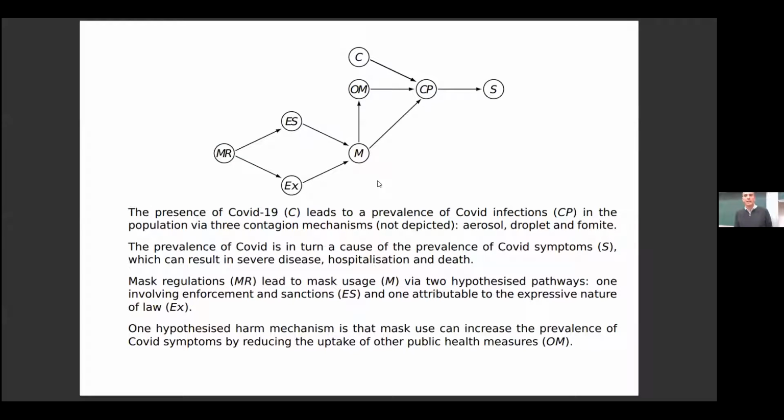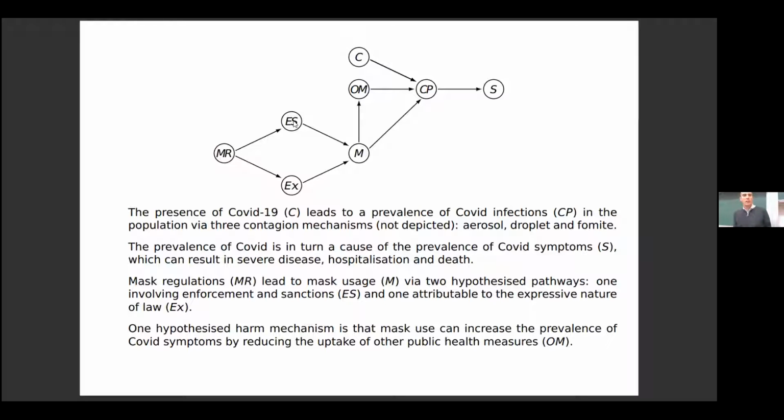So COVID-19 leads to prevalence of COVID infections via 3 contagion mechanisms: via aerosols, droplets, and touch. And this causes COVID symptoms. Now, mask regulations are supposed to lead to mask usage via 2 hypothesized pathways.